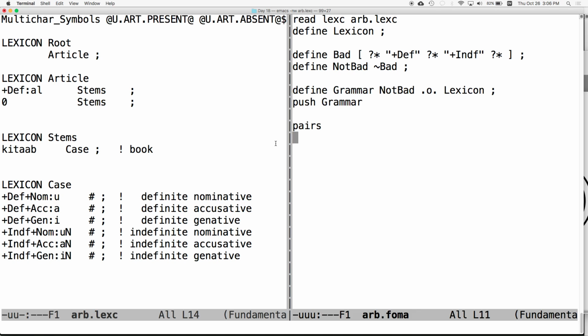Okay, so that'll be our first FOMA file.